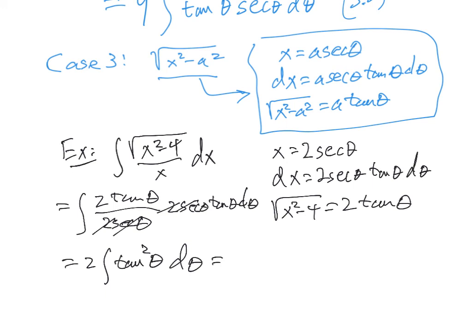Now, you may think we don't know an antiderivative of tangent squared, and we don't, you'd be right. But it's really easy to get one. Again, using the Pythagorean identity, tangent squared is secant squared theta minus 1.